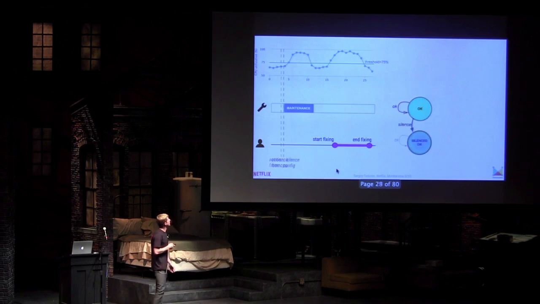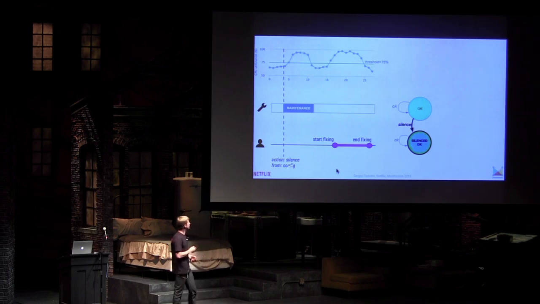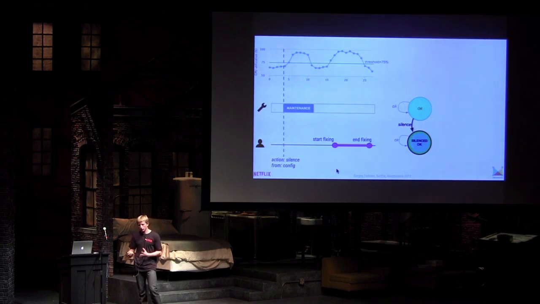Time passes, and then our configuration processing function sees that it's time for the maintenance window. So what it does, it sends a silence signal to the state machine. The state machine service receives that signal and says, OK, I changed the state of the metric from OK to silence OK, which means that the CPU utilization is still running fine, but we have expected maintenance, so we want to silence it for a while.